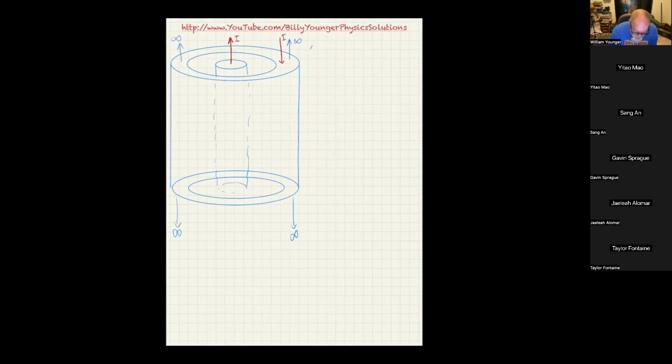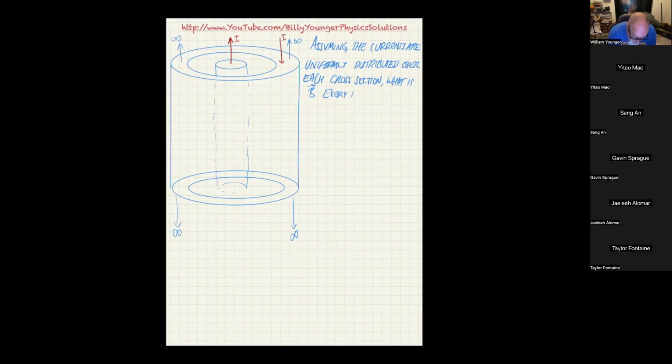Assuming the currents are uniformly distributed over each cross section, what is B everywhere?